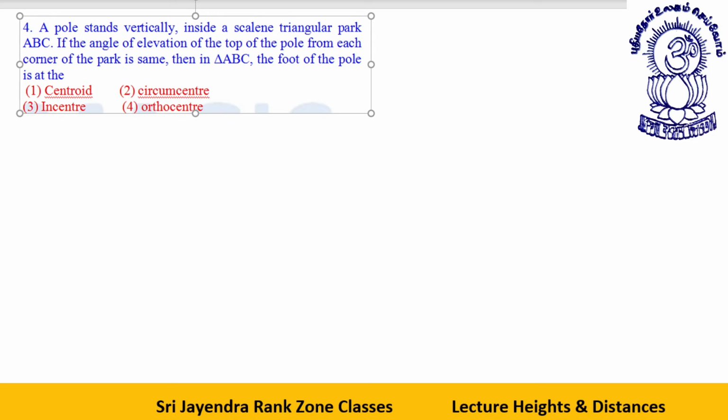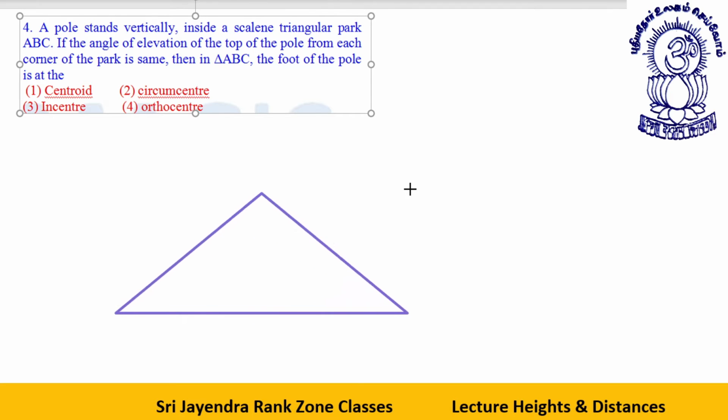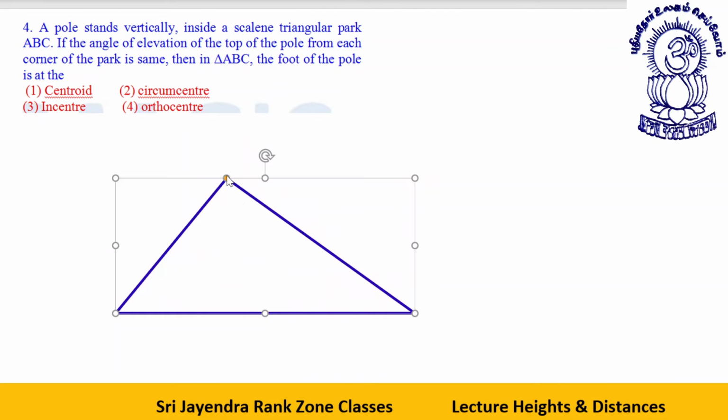First, there's a scalene park. Let me take a triangle first. This is a triangle which definitely now has all its sides not equal to each other. Let's say this side is A, this side is B, this side is C. None of A, B, and C are equal.